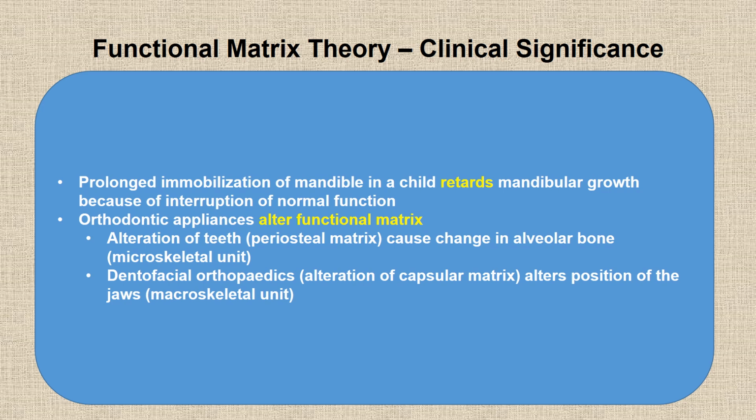For example, with conventional fixed braces, alteration of the teeth, which represent the periosteal matrix, causes a change in the alveolar bone architecture, which is the microskeletal unit. Now, dentofacial orthopedics alters the capsular matrix, altering the position of the jaws, which are the macroskeletal unit.